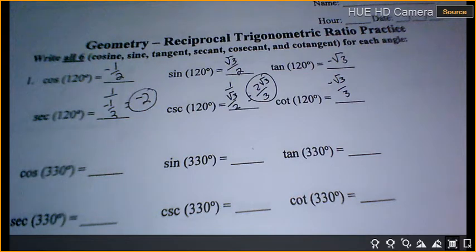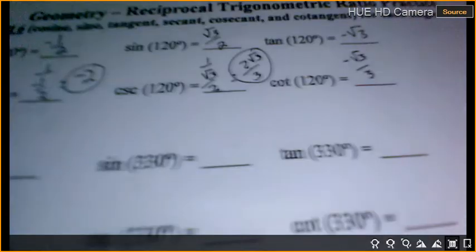So I think I'm going to do a harder one. I think I'm going to do number 5 before I go to the back. Can't zoom in too much because I want you to be able to see all 6.